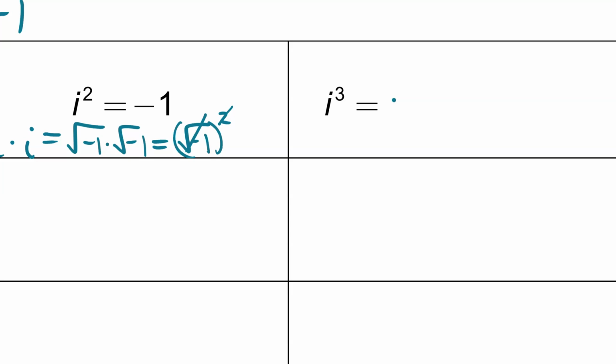And when you had root negative times root negative, it made a positive. This doesn't do that because I have the same thing and it's being squared. If it wasn't the same thing, if that was a 2, it would have just become positive 2.